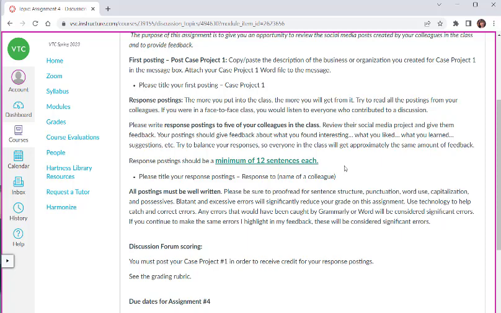Perhaps something that you think maybe they could have done a little differently. Any of that kind of feedback. And remember, the reason I wanted you to wait until Monday of the week an assignment is due before you started posting is so everybody would get a balance of responses. So don't just look at and respond to the first 5 of your colleagues who posted.